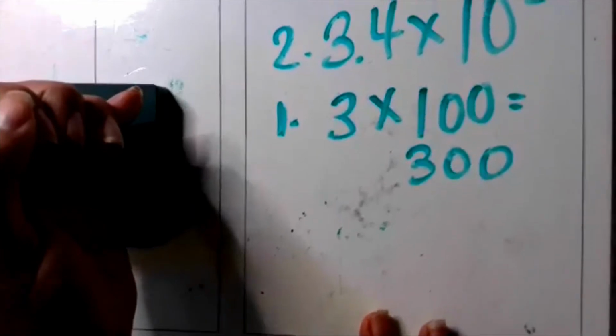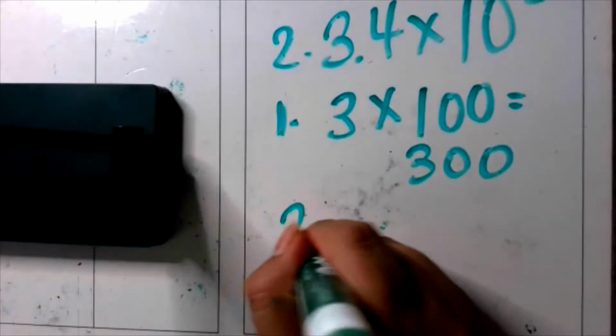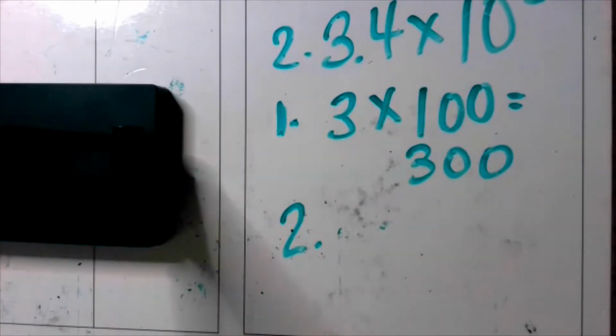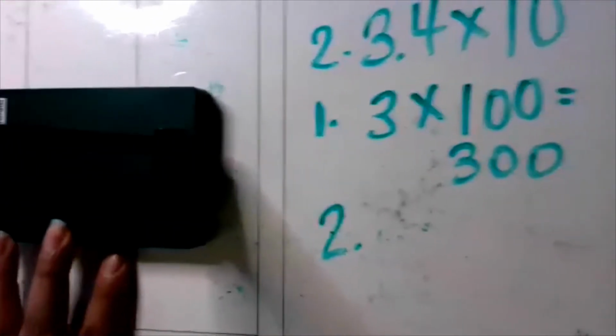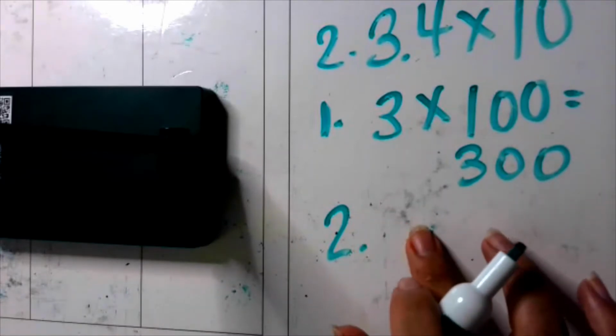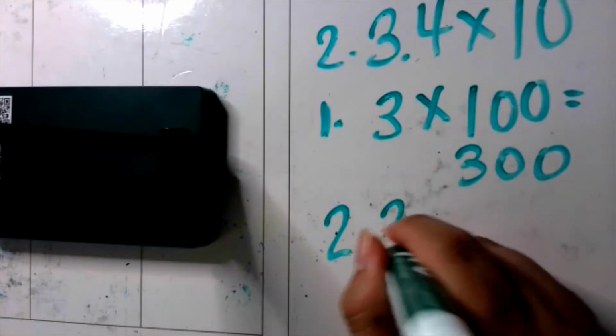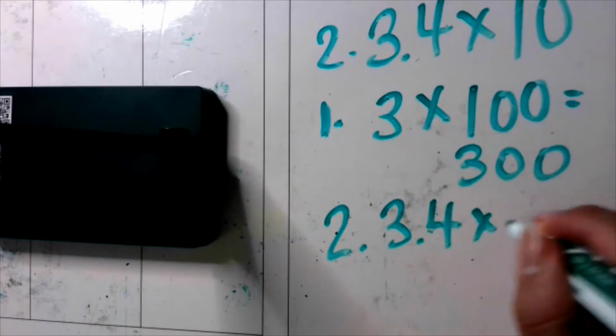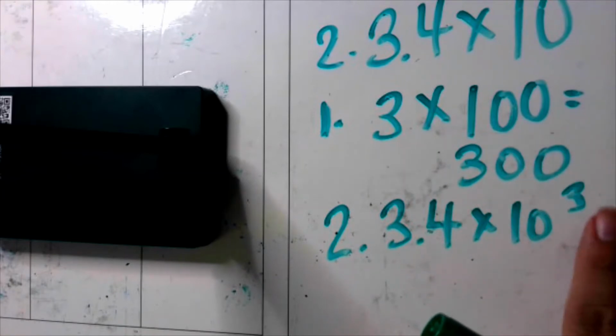So now let's go ahead and go to problem 2. Problem 2 is a little bit different, right? Let's try 3.4 times 10 to the power of 3. All right, so honestly, this is like what we've been doing before, except we have exponents now.